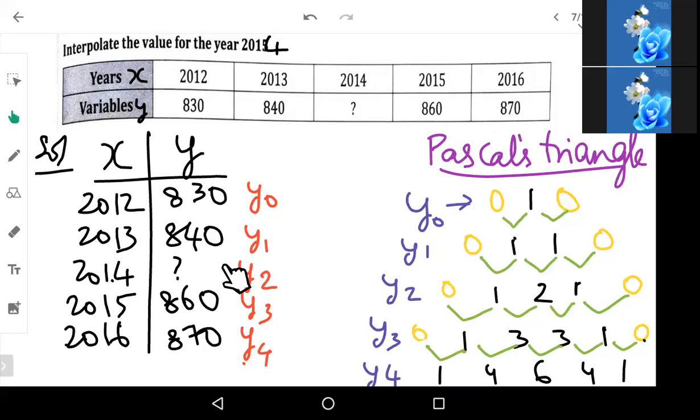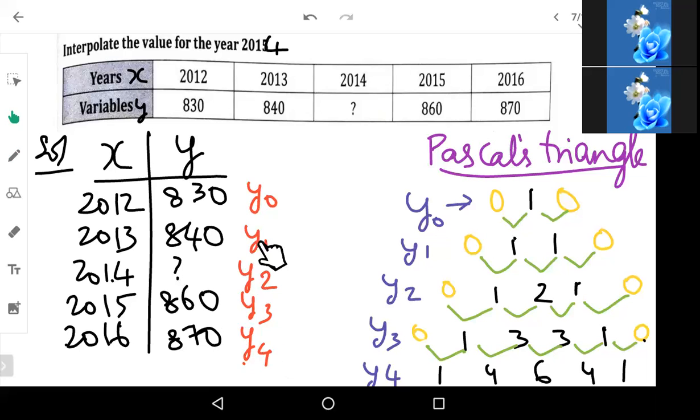Once you represent it in tabular format, check how many data you have. Starting with 830, this will be y0, y1, y2, y3, y4. Now we have until y4, so we are supposed to solve the Pascal triangle until the y4 level.